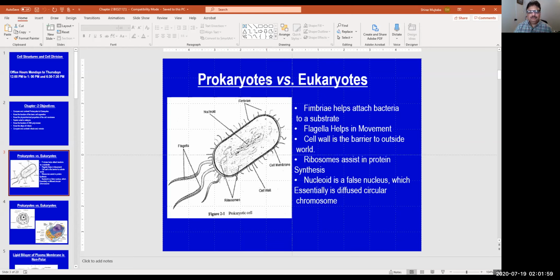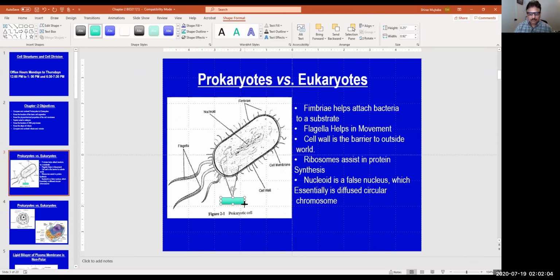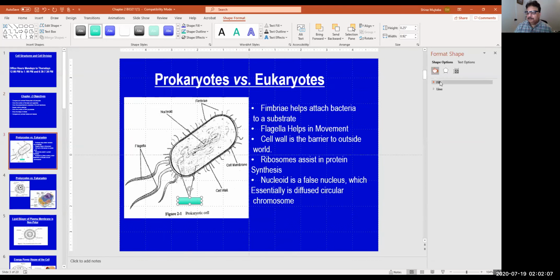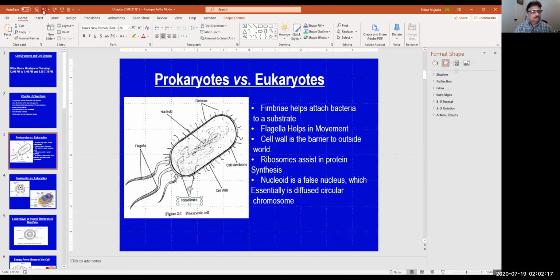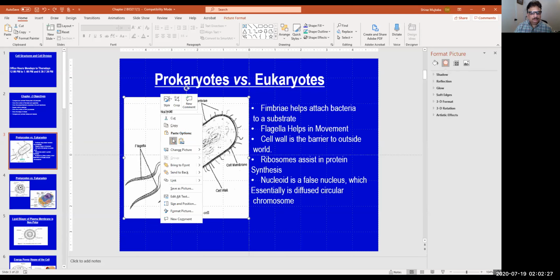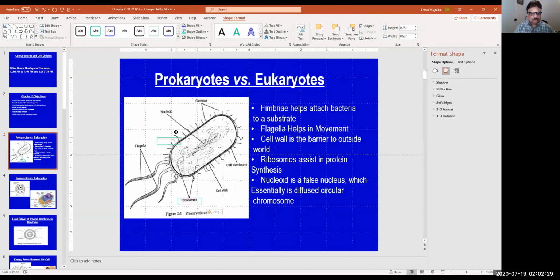Ribosomes help to make proteins. Bacterial DNA is present as chromosomes without a nucleus, in a region called the nucleoid, and they have a cell wall and cell membrane.